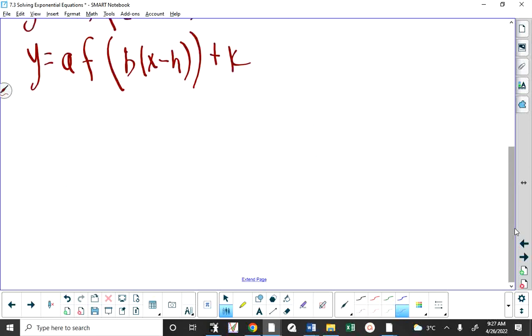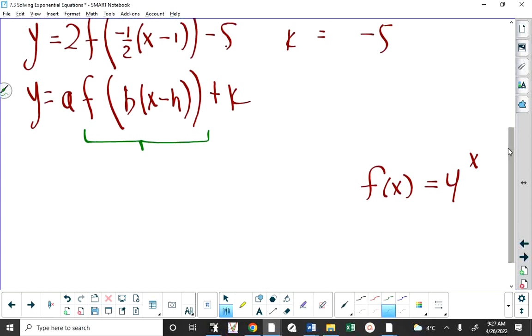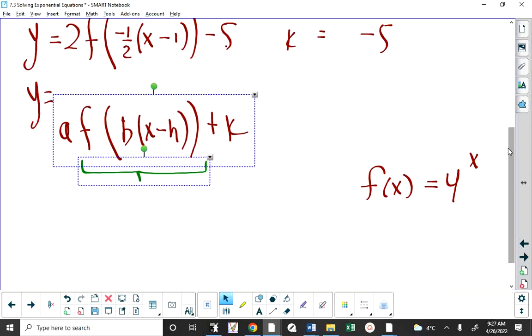Now, if you want to determine the equation, we go back to the meaning of function notation. Let me write down what the function is. The function is f of x equals 4 to the x.